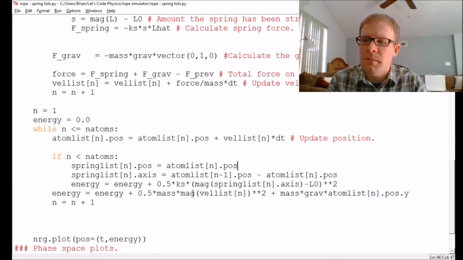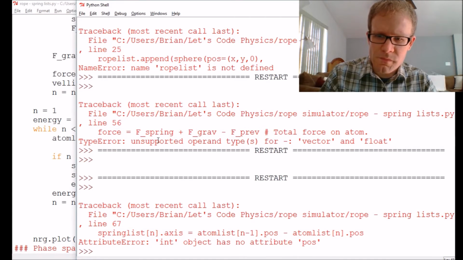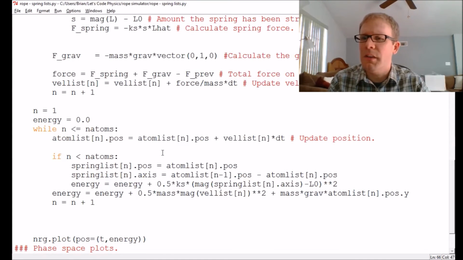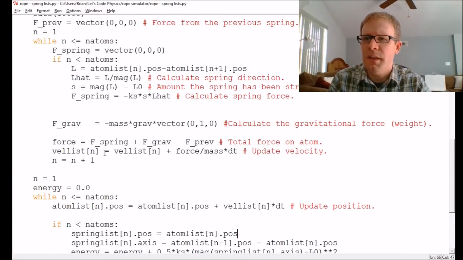Oh, n equals 1, right? I'm starting there. The only thing I think of is it's going to that first element, but that would be n equals 0. It hasn't had a problem. It didn't have a problem with any of the positions before that. Spring list n.pause.